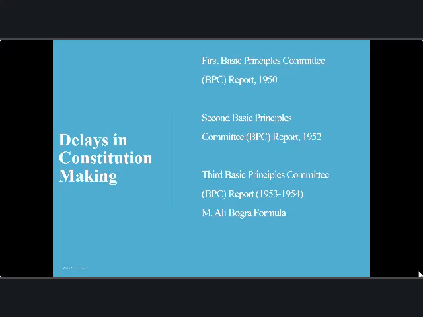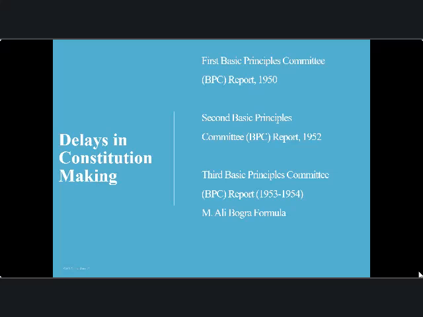Why did it fail? East Pakistan opposed the parity formula and demanded representation based on population. On the other hand, religious groups criticized the unclear role of Islam and Sharia in the proposed constitution. Smaller provinces feared excessive centralization of powers.